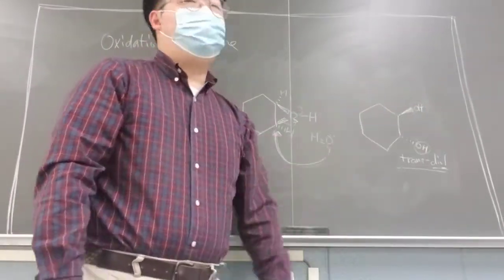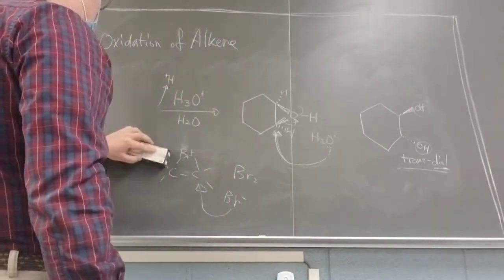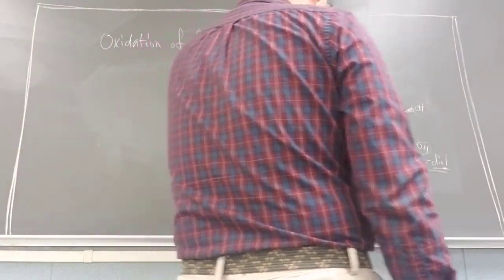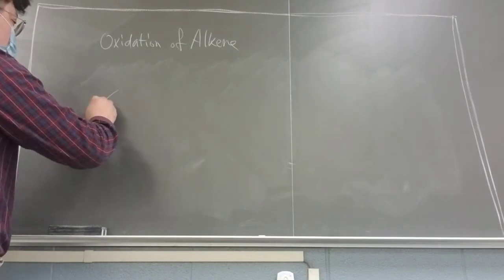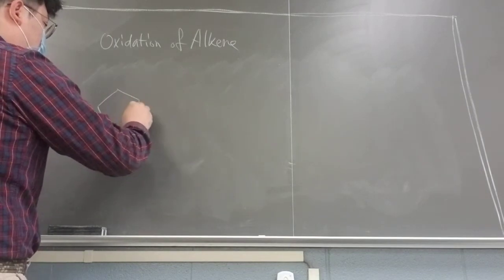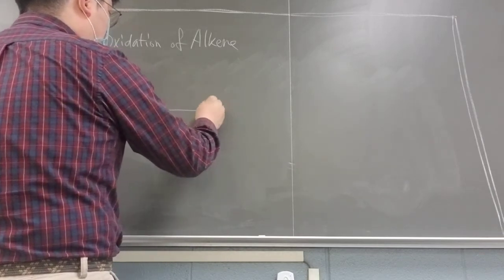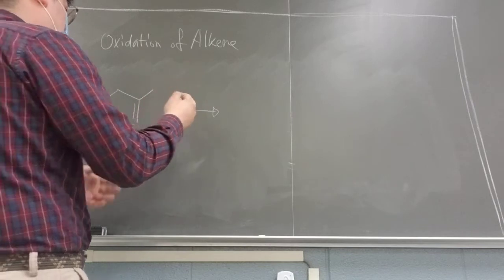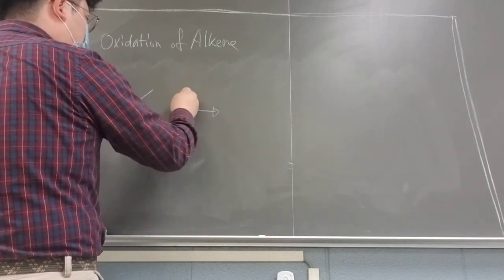So it shows the trans diol. Yeah. So maybe can you try this one? This one, okay. Can treat it with either peroxy acid or halohydrin formation. Either way, you can say epoxidation.